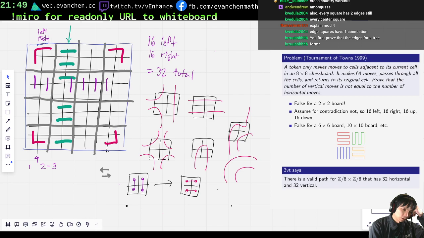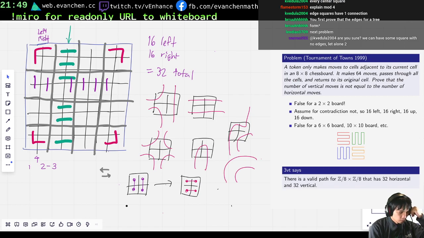You first prove the edges form a tree. What do you mean the edges form a tree? Which edges?